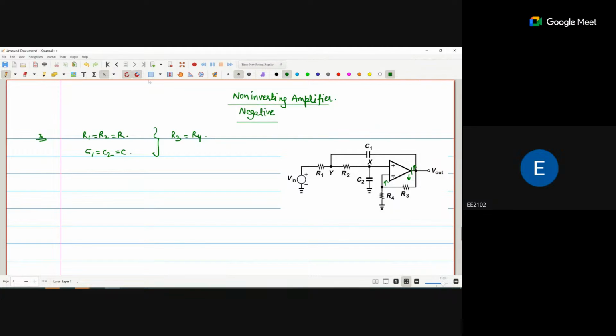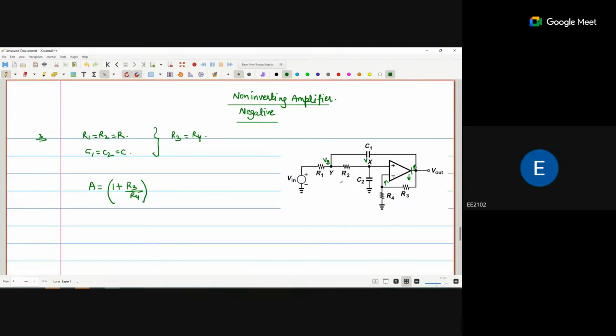Now what we can do, we just take the voltages here. This is the Vy, this is the Vx. What is the gain? A is 1 plus R3 by R4, because it is a non-inverting amplifier.